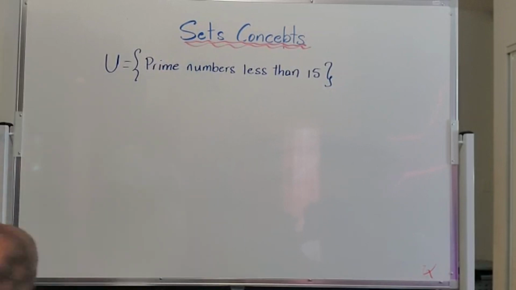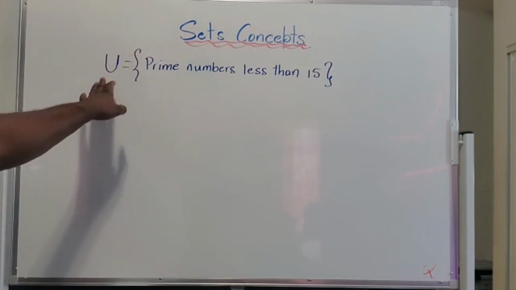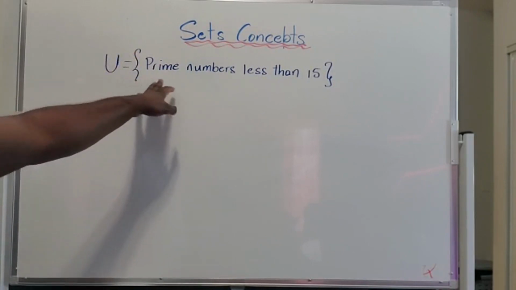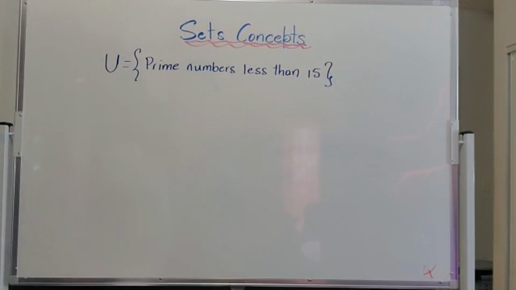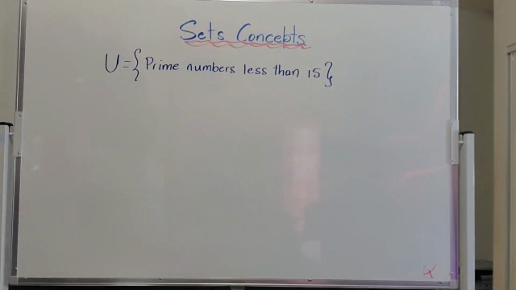As you can see on the board, this symbol here looking like a U indicates that this is our universal set. And the universal set here is prime numbers less than 15.